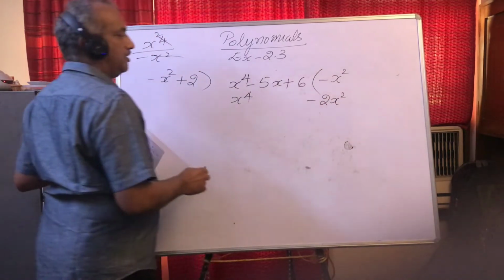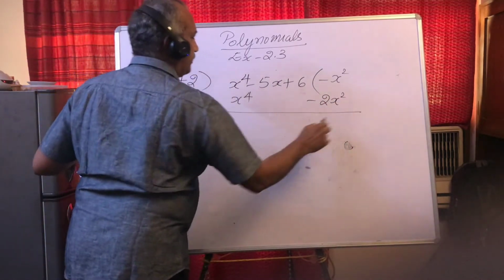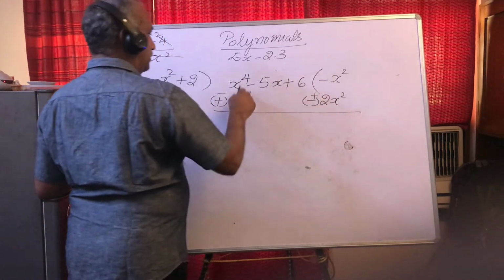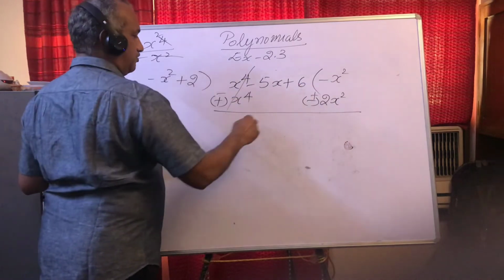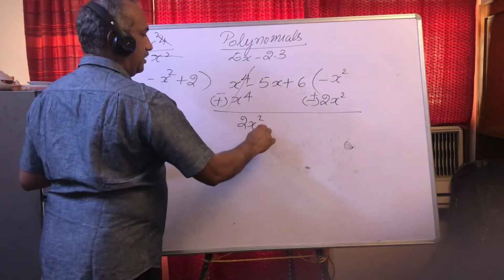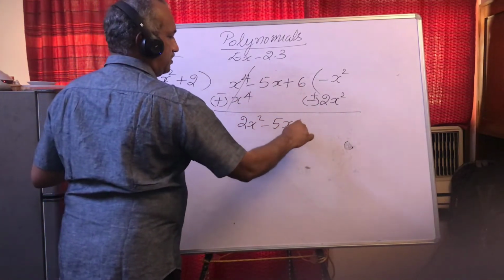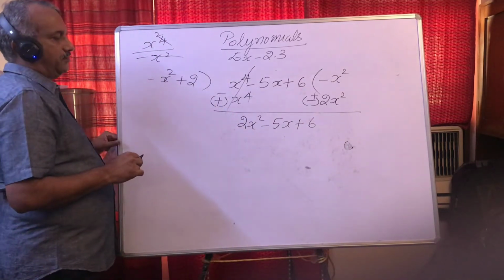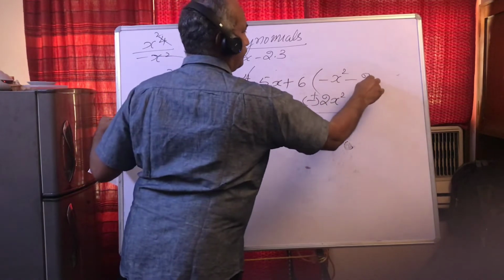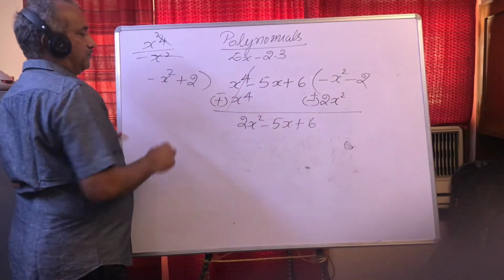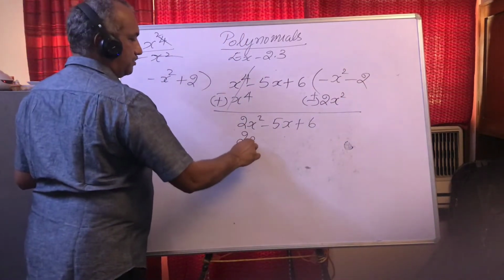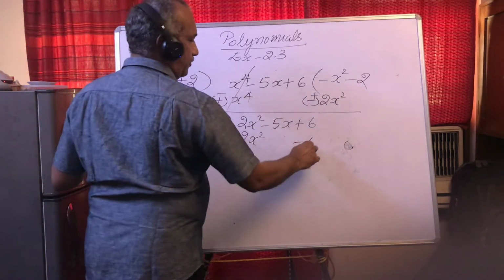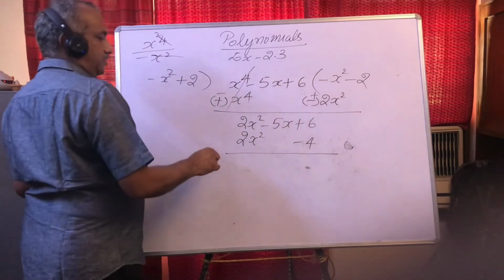There is no term, so we'll write separately. Now plus, minus, minus, plus, this is cancelled. I am writing this one first. 2x square minus 5x plus 6. Again divide. 2x square upon minus x square, minus 2. Minus 2 into minus x square, 2x square; minus 2 into 2, minus 4. So change the sign.